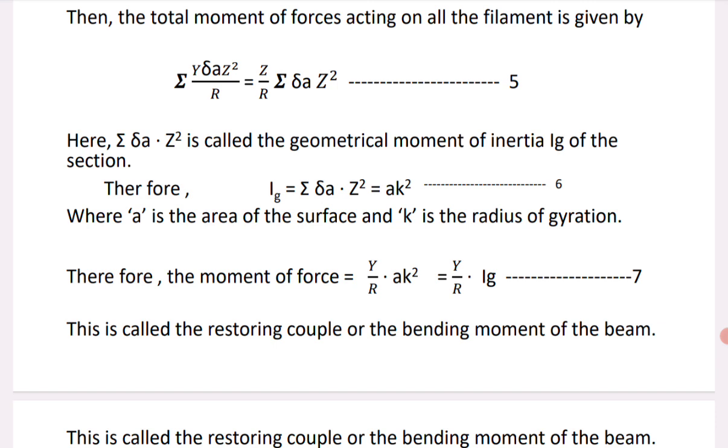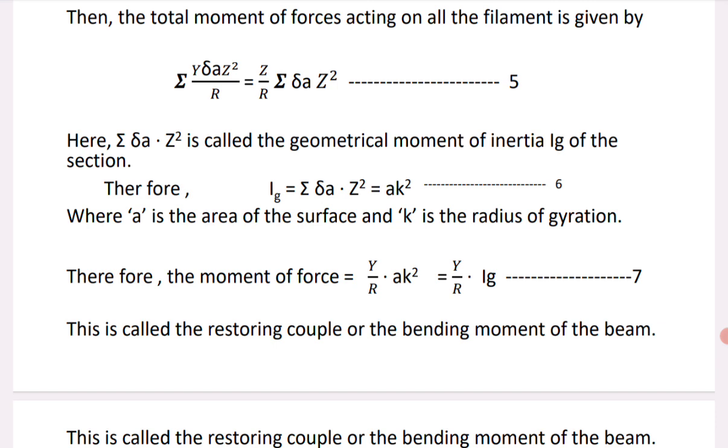But as we move from the neutral surface, both the area of cross section of the layers and the distance of the layers from the neutral surface keep changing. The area of cross section goes on decreasing from the neutral surface, whereas the distance of the layers from the neutral surface goes on increasing.